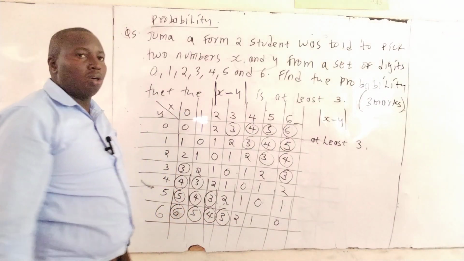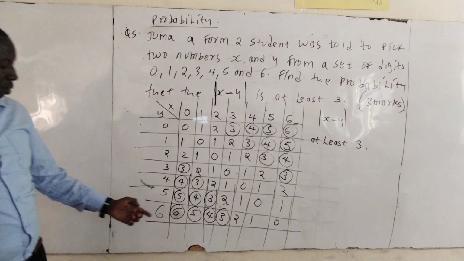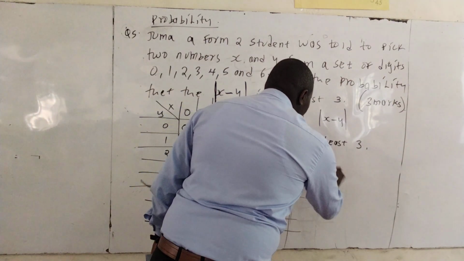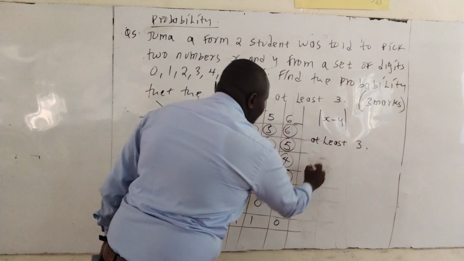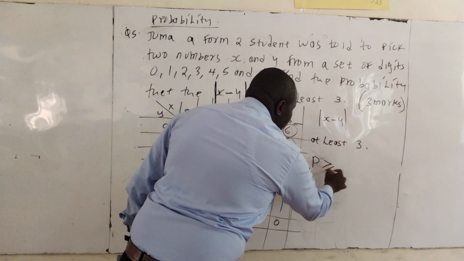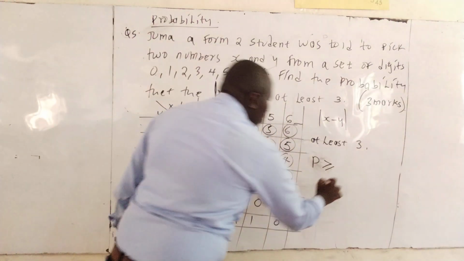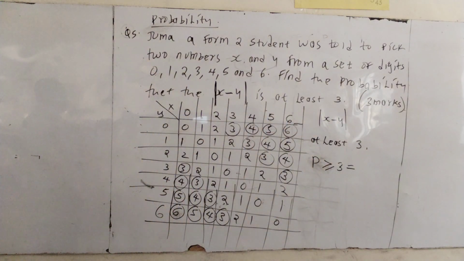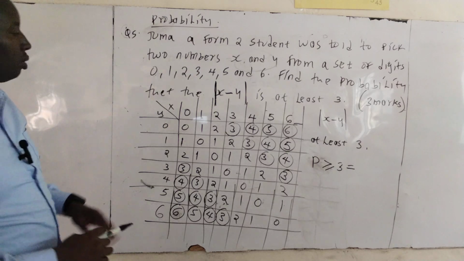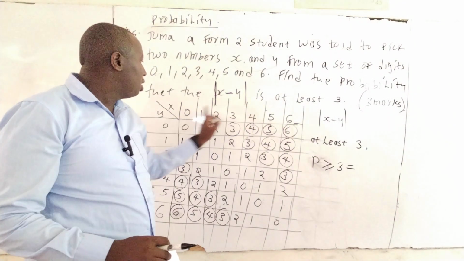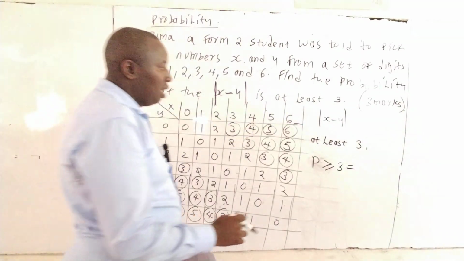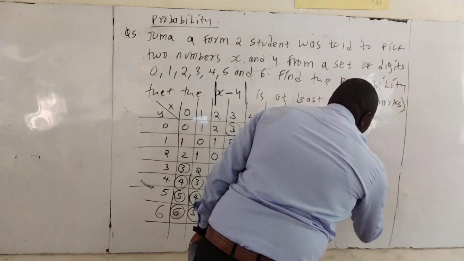So the probability of getting at least 3, which means greater than or equal to 3, will be equal to 20 out of the total outcomes. How many do you have? This is 1, 2, 3, 4, 5, 6, 7. They are 7 by 7. So this is 20 over 49.